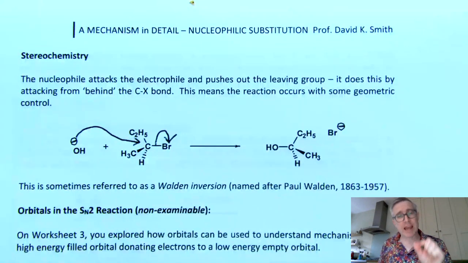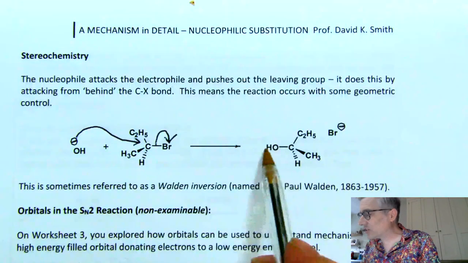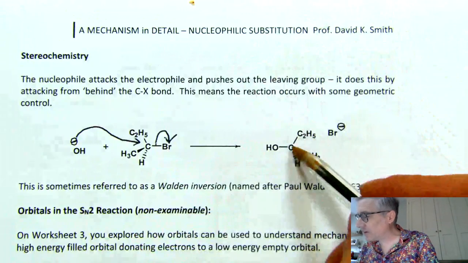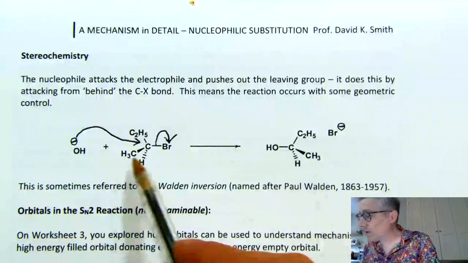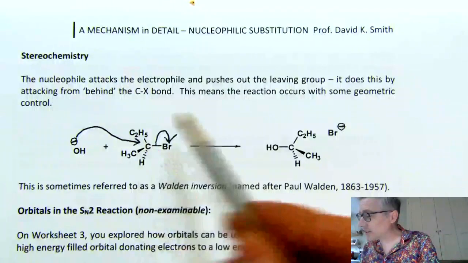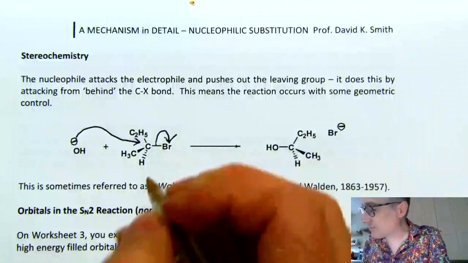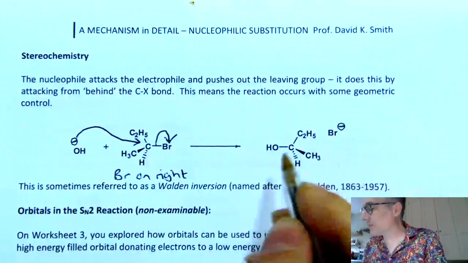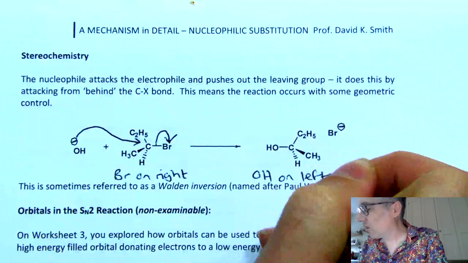And this means the reaction occurs with some geometric control. Notice in the product, the OH is on the left, and we flipped the C2H5, the CH3, and the H. The CH3 is still coming forward, the H is still going backward, the C2H5 is still on the top, but instead of having the bromine on the right, in the product, we have the OH on the left.